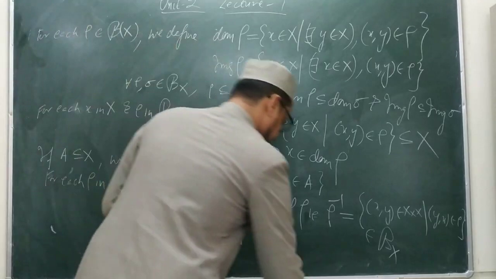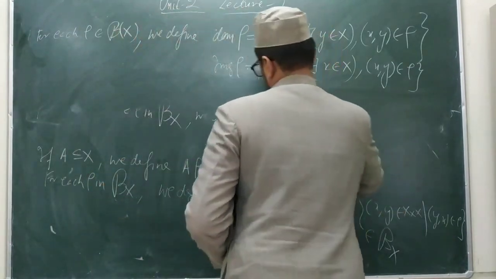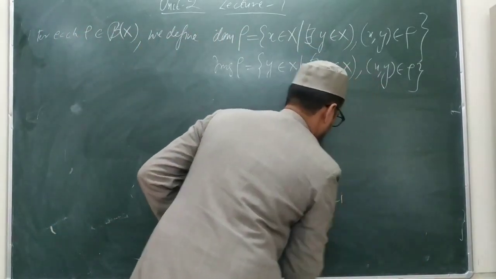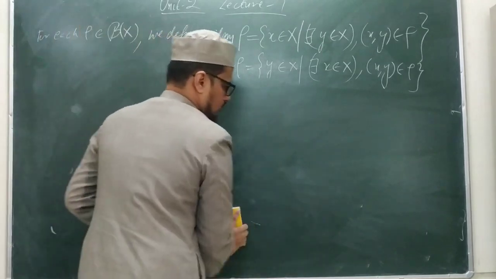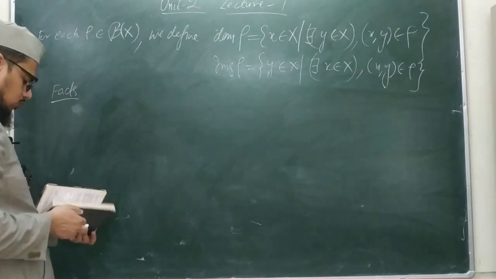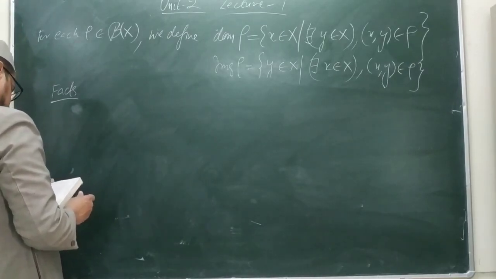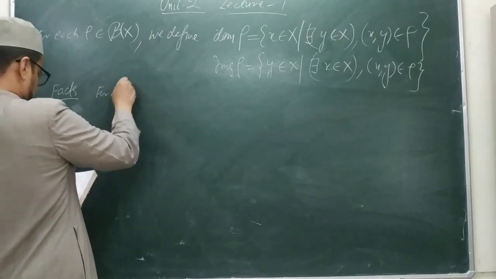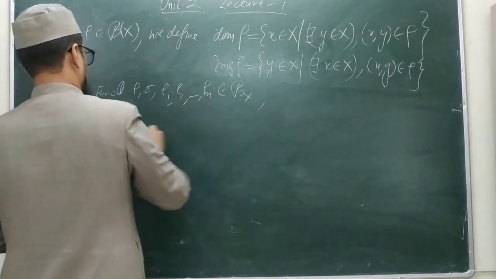Now there are some more facts. For all rho, sigma, rho 1, rho 2, up to rho n belonging to Bx, these things are true.